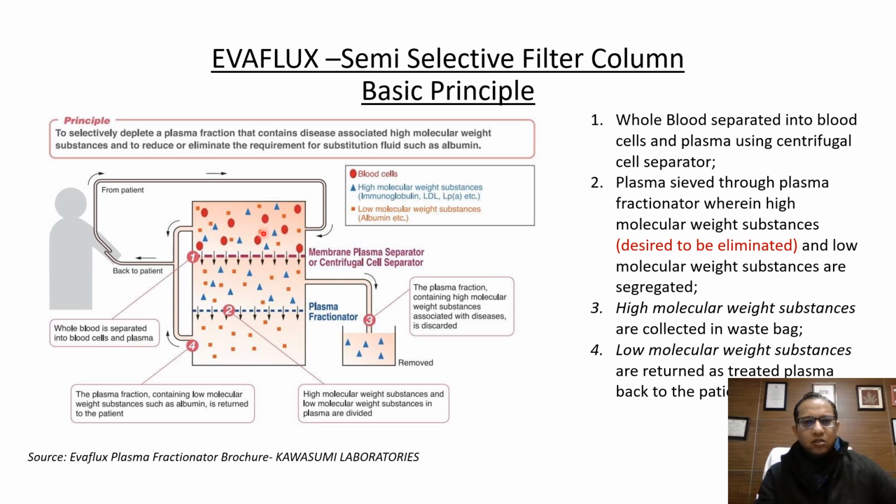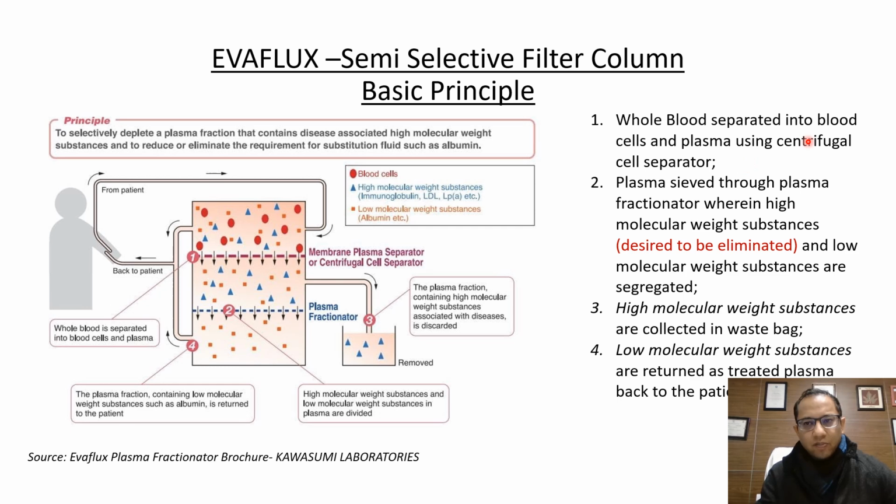So first is centrifugation. Obviously you separate it according to the centrifugation density, and then it passes through the filter in which you can see the high molecular weight substances are removed from this, and the low molecular weight substances along with the plasma sieve through, and that is returned back to the patient. So both the mechanisms are taken care of here.